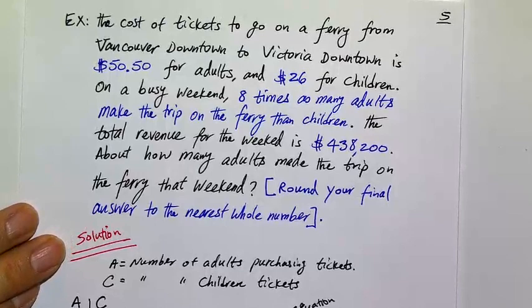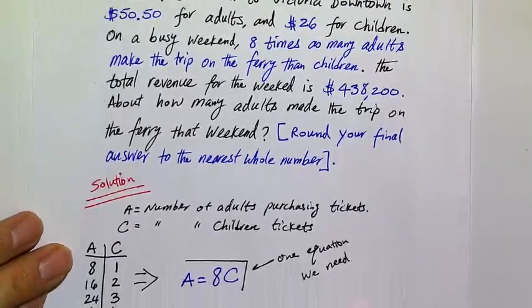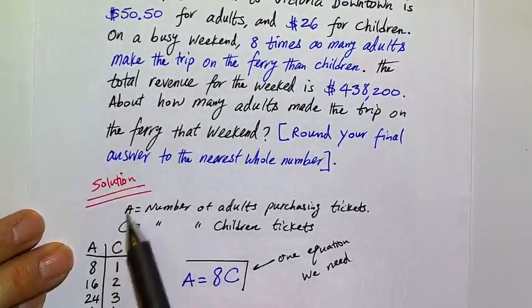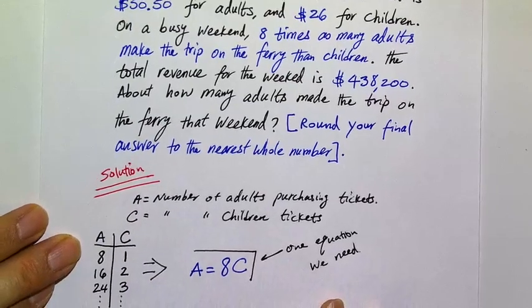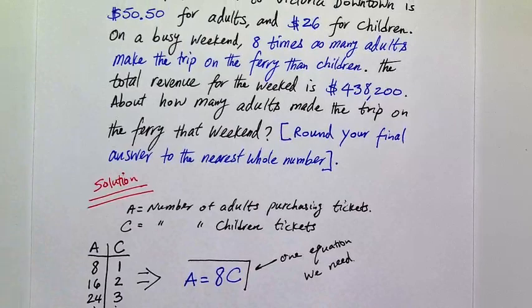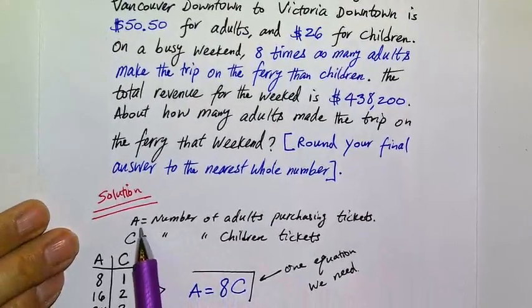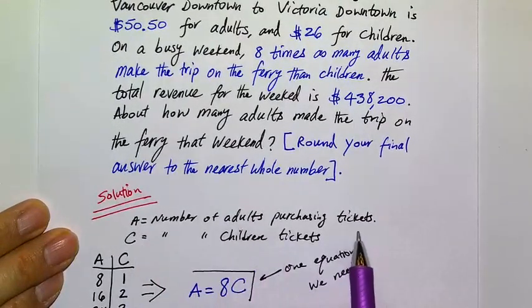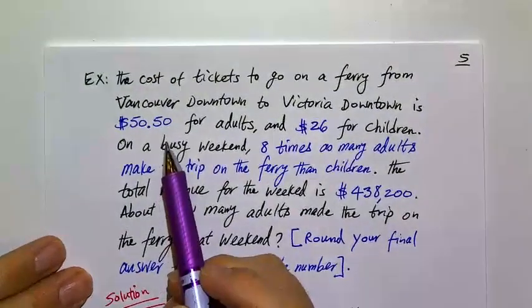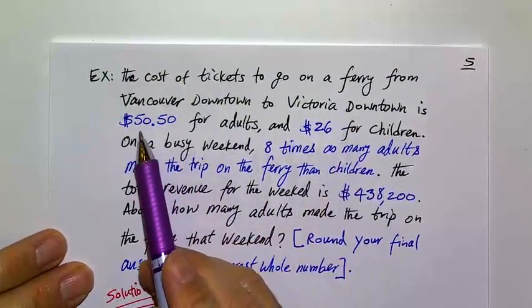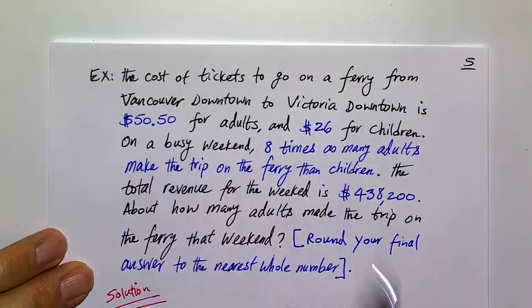Well, I forgot to mention this, once we introduce variables, we need to attach information to these variables. If this A represents the number of adults purchasing tickets, we are told that each adult ticket costs $50.50.